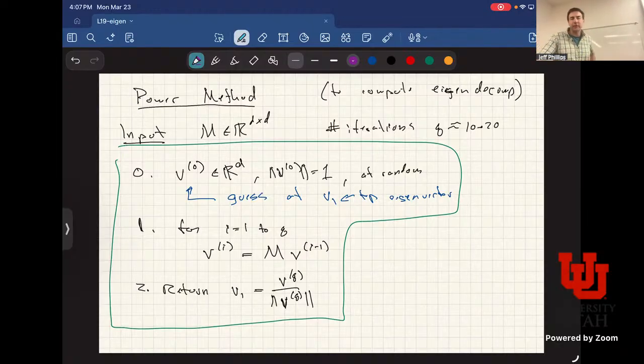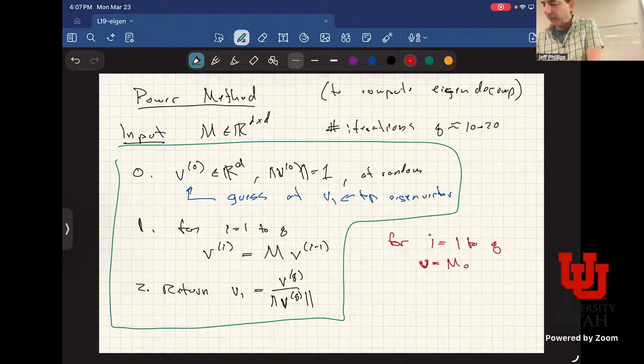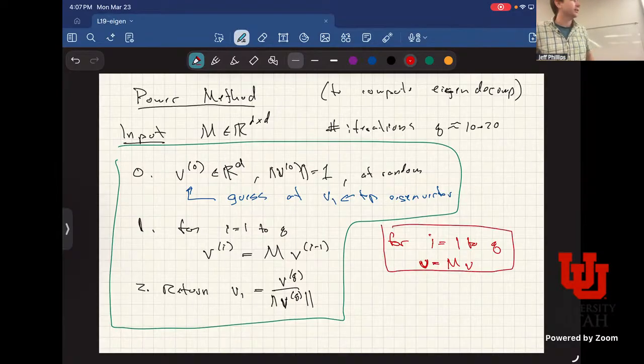So you can think of this as one step: for i equals 1 to Q, I just do V equals M times V. I just repeat this over and over again, so I can summarize it as just this one step.